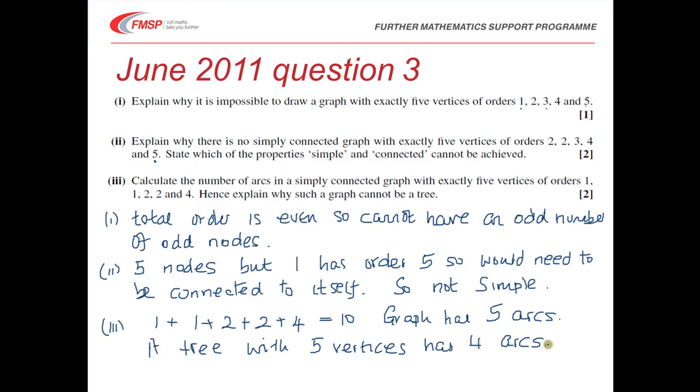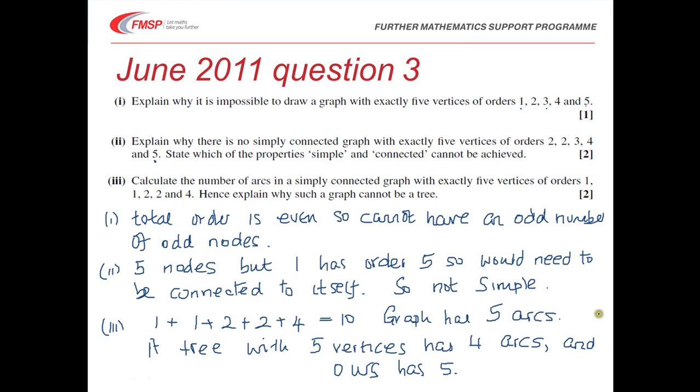Ours has 5, so it's one mark for just mentioning here about the total order being even, so you can't have an odd number of odd ordered nodes. 1 mark for seeing that one of these vertices had order 5, so it needed to be connected to itself, and 1 mark for the fact that that meant it couldn't be simple.